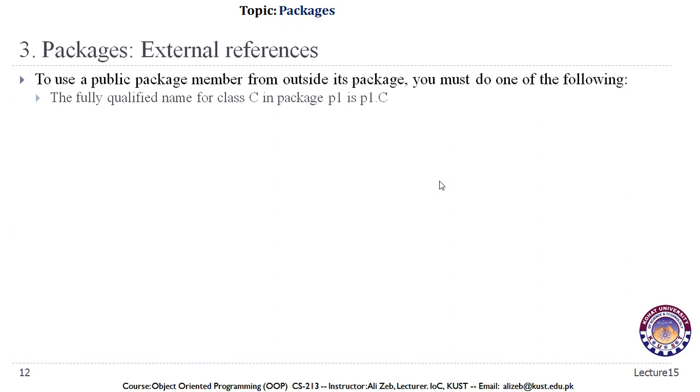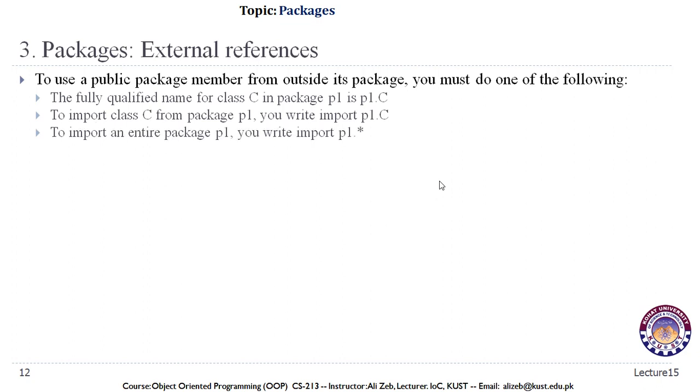The fully qualified name for class C in package P1 is p1.C. So if you want to access a class from outside of its package, you will need to use the name of the package with the name of that class. To import class C from package P1, you write import p1.C. To import an entire package P1, you write import p1.*. That will import all of the classes in the P1 package.